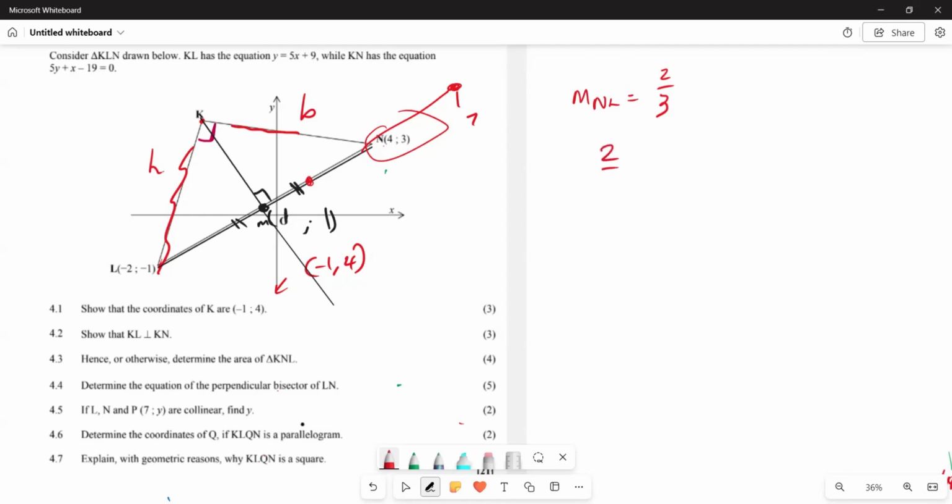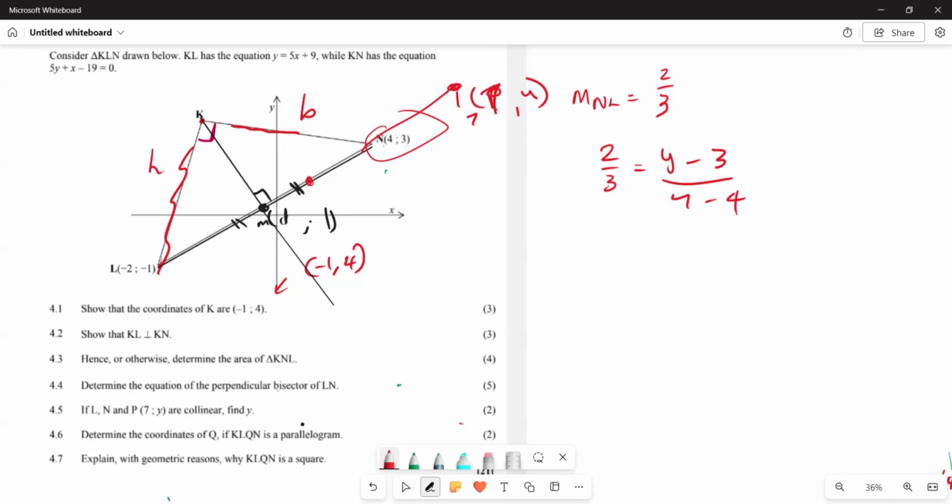So this is going to be 2/3 is equal to, now let's say we are using the coordinate of P, which is same as (7, y), right? This is going to be same as (y - 3) divided by (7 - 4). Can you see that, right?